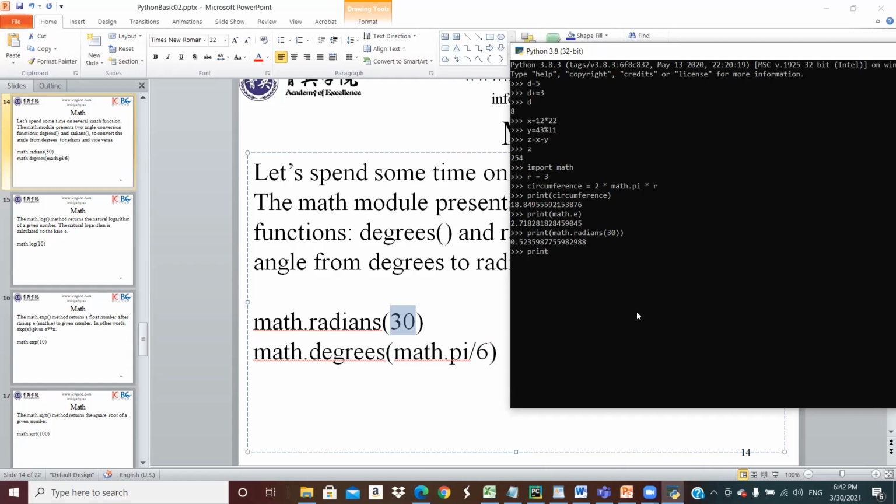Print math.degrees of math.pi divided by 6. Okay, let's see what that is. You see, very close to 30 degrees, right? It is 29.99999, right?